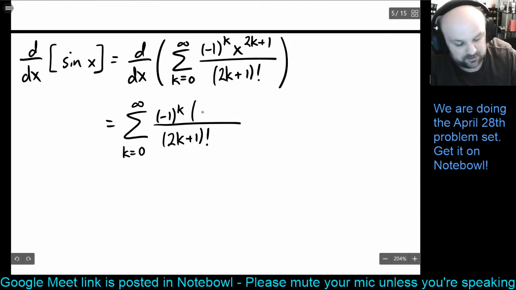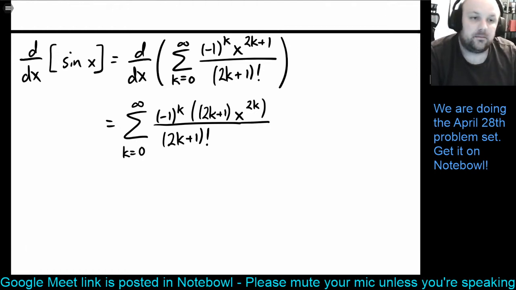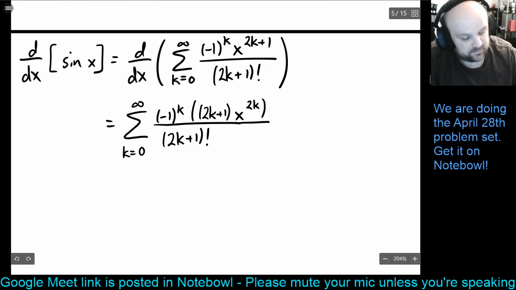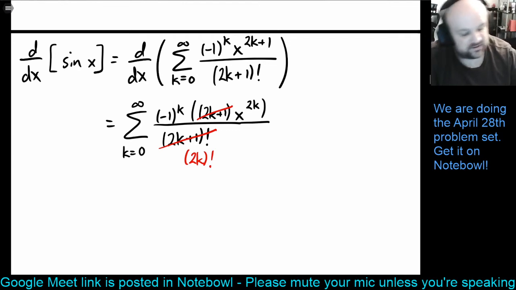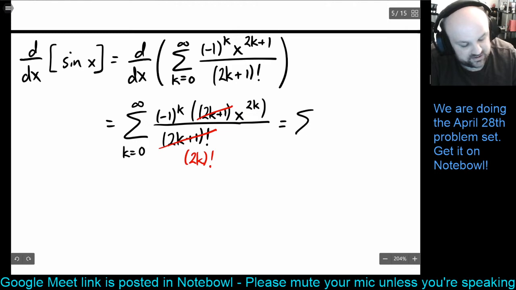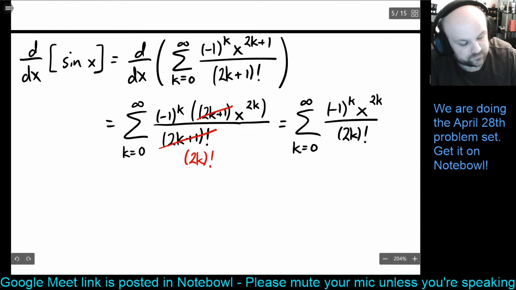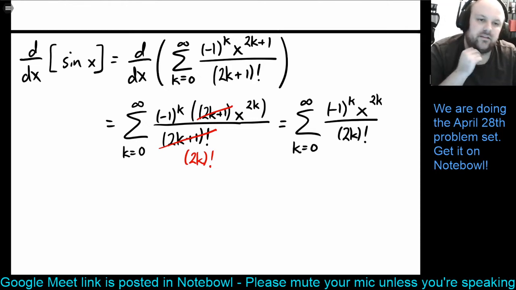To differentiate this part, that 2k plus 1 comes down, x, and then we subtract 1 from the exponent. That's just 2k now. But let's simplify this. This part is going to cancel and cut the factorial down to just 2k factorial, cutting off that last term of the factorial. And so this is just the sum from k equals 0 to infinity of negative 1 to the k, x to the 2k over 2k factorial. Ta-da!